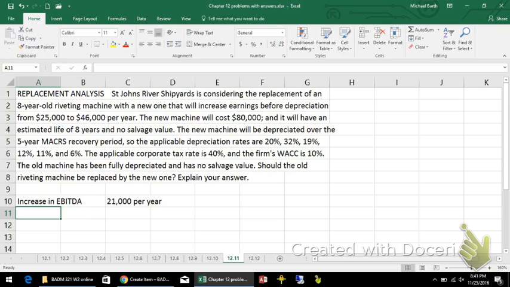All right, the old machine's fully depreciated, so there's no more depreciation expenses, but the new machine would be depreciated over an 8-year period.